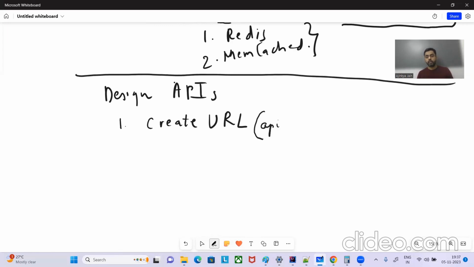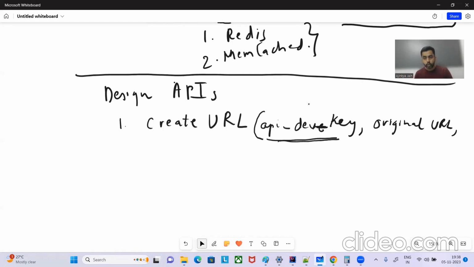For create URL, the first parameter can be the API dev key. Each user will have their own unique identifier, the API dev key, which the system uses to authenticate the user. The second parameter is the original URL for which the user wants a short URL.